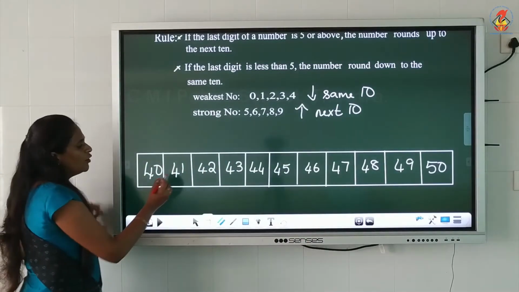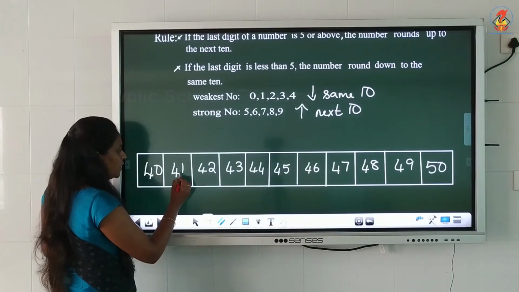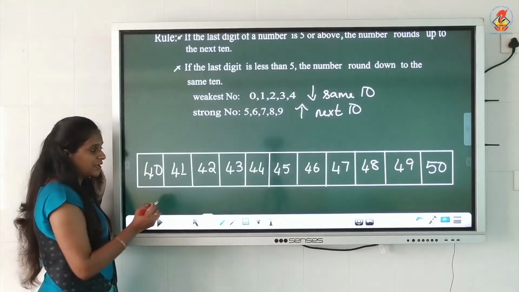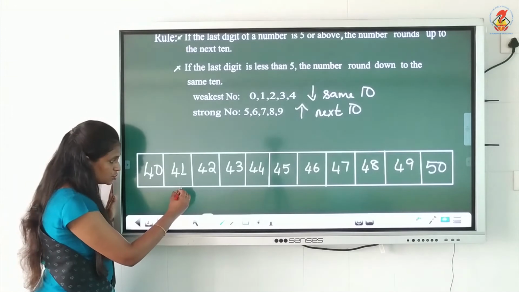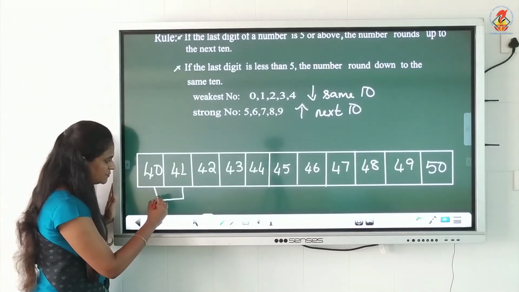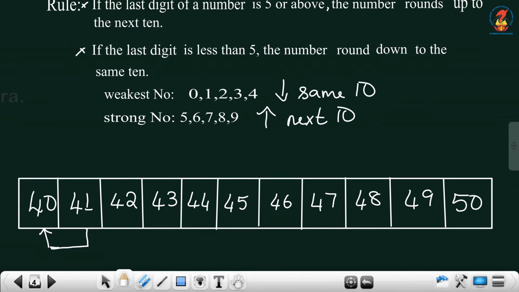So let's see, look at the last digit. Number 41, the last digit is 1, down to the same 10. 42, look at the last digit 2, down to the same 10, 40 itself. 43, last digit is 3, 43 down to the nearest 10, 40. 44 also down to the nearest 10, 40.